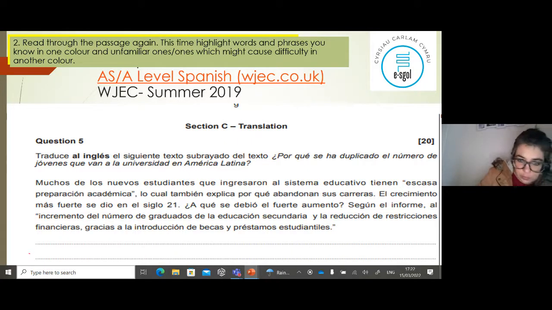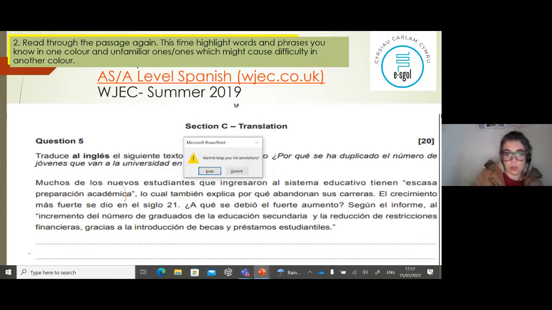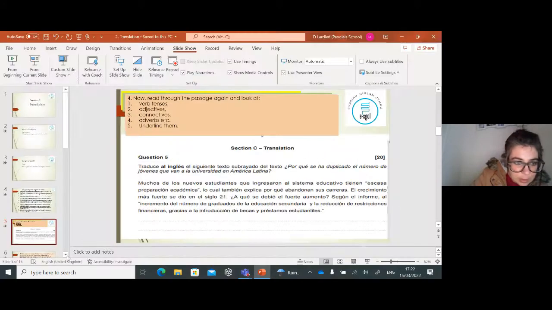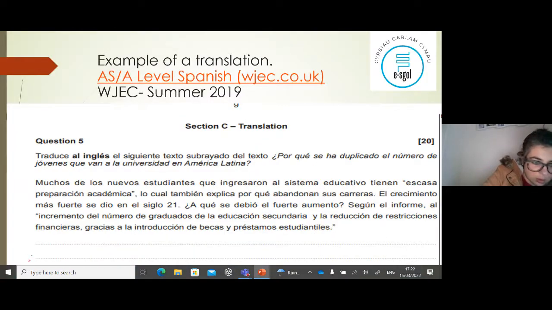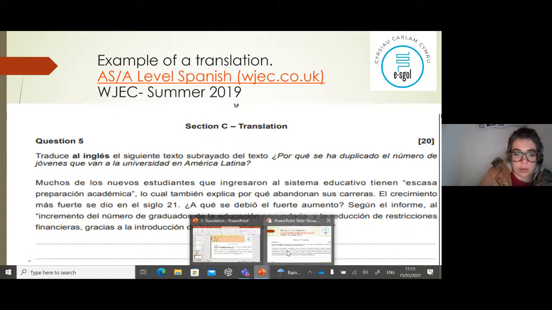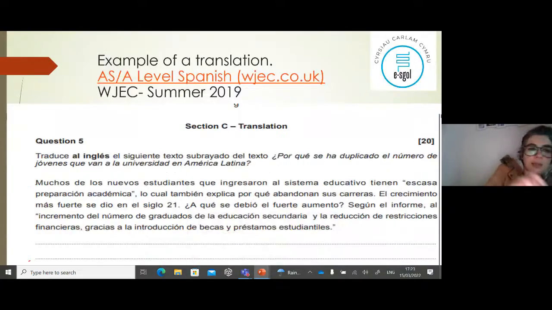Sorry, I'm just going to try to highlight this. I'm not sure why it isn't working. Okay, I'll underline some of the words instead of highlighting them.